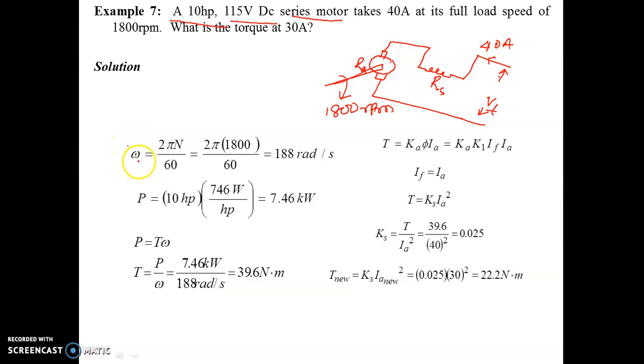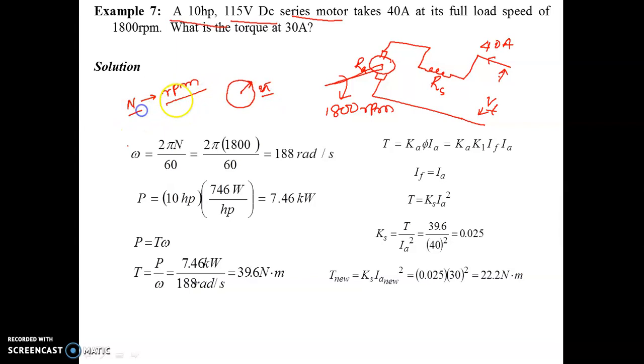the angular speed in radian per second, which is equal to 2 pi by 60 times N. I already explained that N is in rpm, rotations per minute. If one complete rotation is made, how many radians is that? One complete rotation is 2 pi radian. If it is 5 rotations, then 5 multiplied by 2 pi.